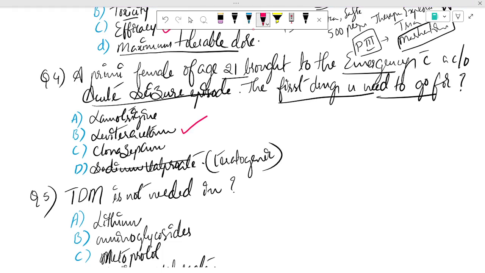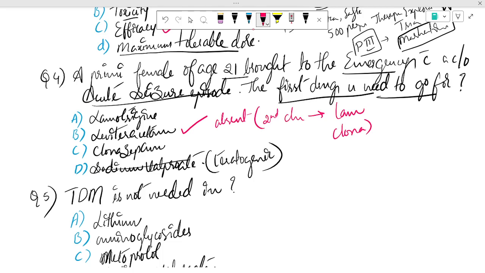If levetiracetam is absent, then the second choice will be lamotrigine and clonazepam. Sodium valproate is a dangerous, teratogenic drug; it causes neural tube defects, very important.